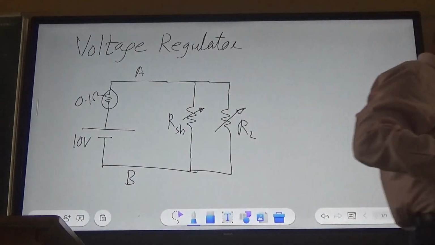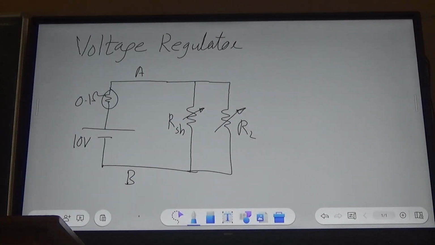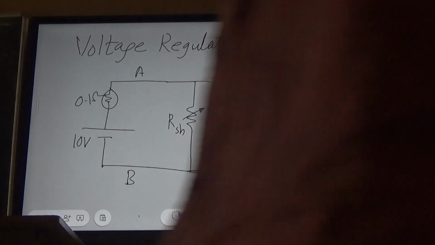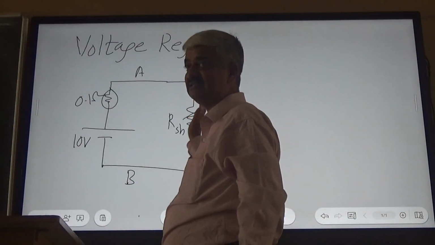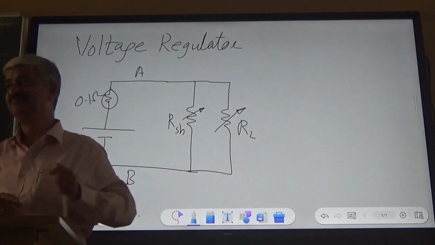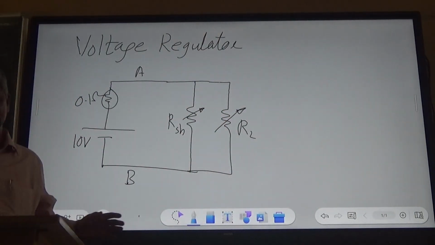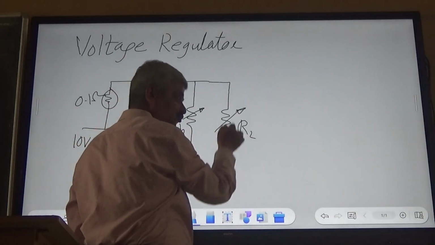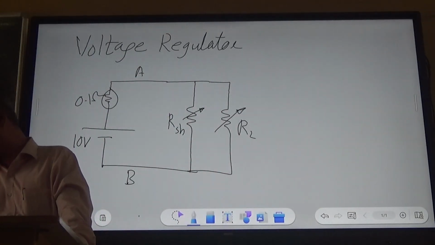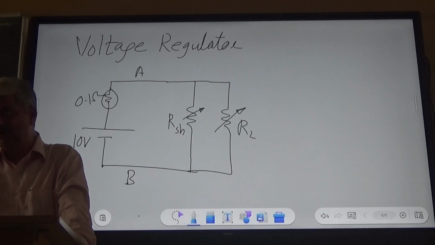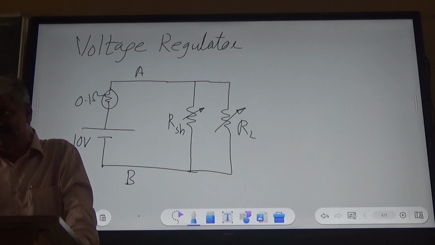So by putting a variable shunt, obviously as it is shunt there is no need to say in parallel because shunt is parallel. By putting a variable resistance in parallel with load resistance, I can ensure that the voltage between these two terminals across the load is kept constant irrespective of changes in load resistance.